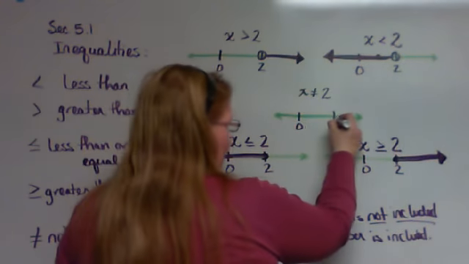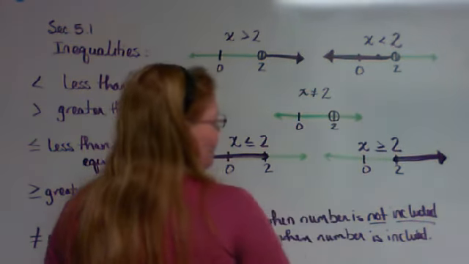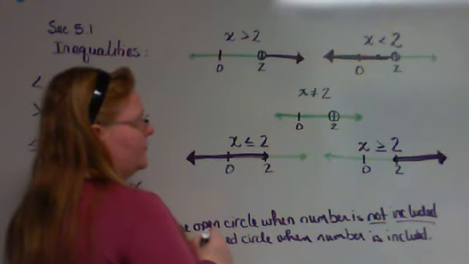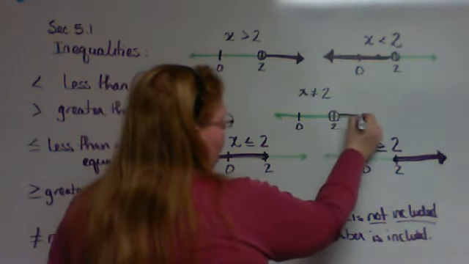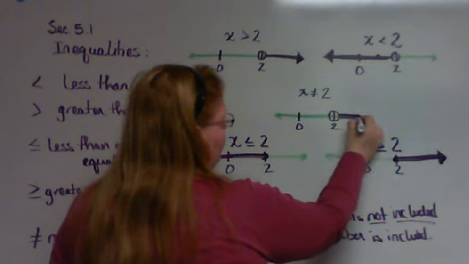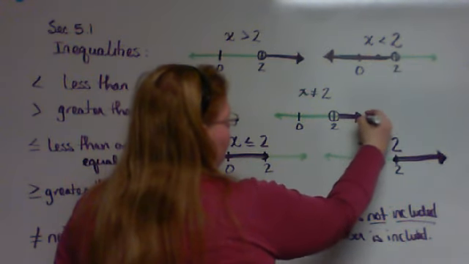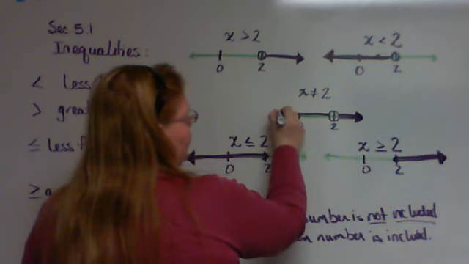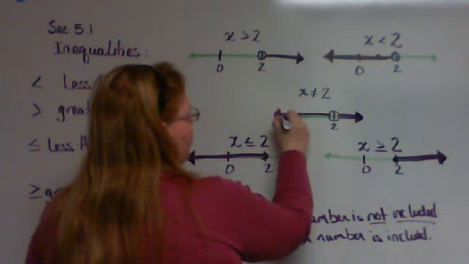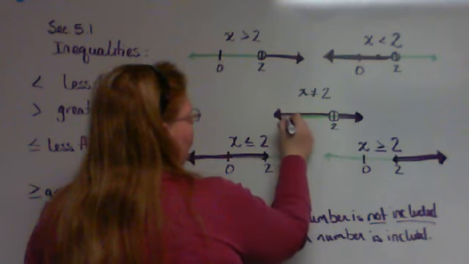So since it's not the number 2, that means it's going to get an open circle on 2. But every number other than that, that's bigger than 2, is part of our answer. And every number less than that, that's smaller than 2, is part of our answer.